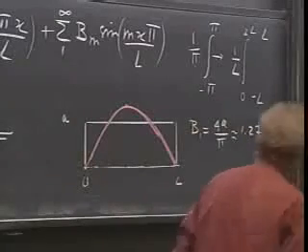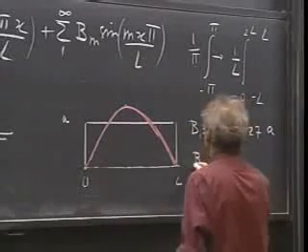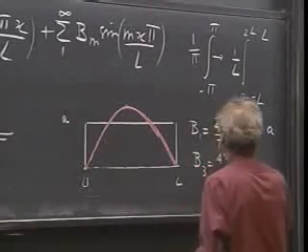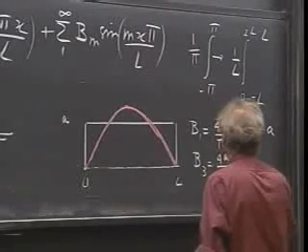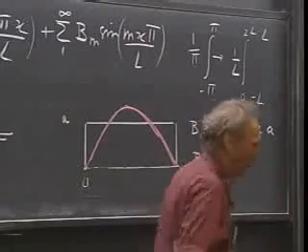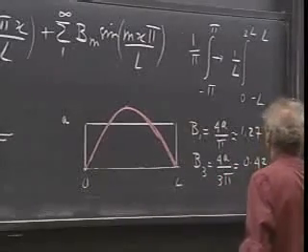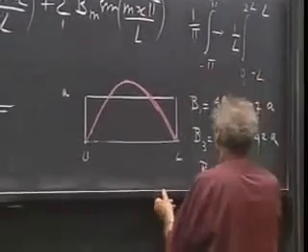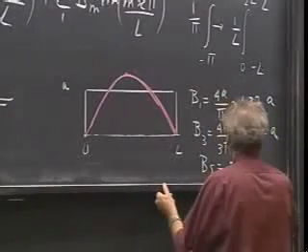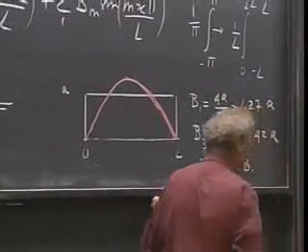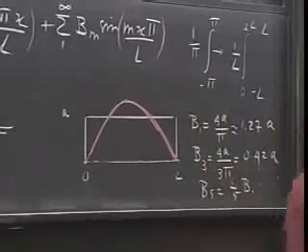The next one is B3. B3 is 4a divided by 3 pi. So it is 1/3 of 1.27, which is about 0.42a. And B5 is 1/5 times B1. Let's put in B3.